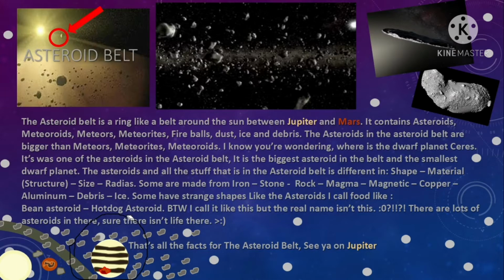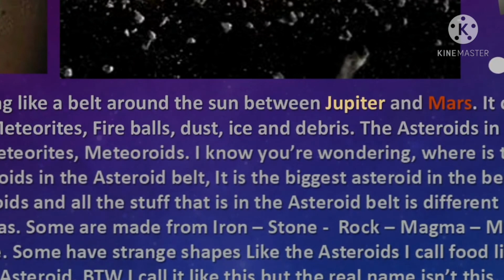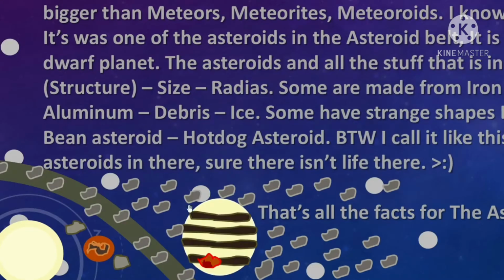Because Jupiter has the most gravitational pull, I drew the Sun smaller than Jupiter because there wasn't more space. If there was space, I would draw the Sun like the asteroid belt.